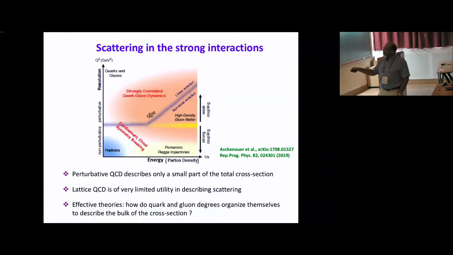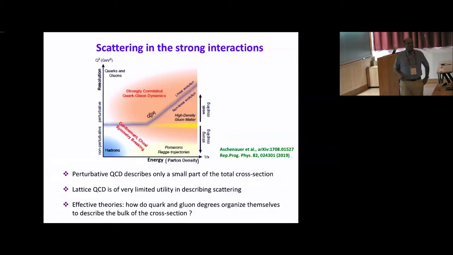Okay? So here's a summary, right? Perturbative QCD is beautiful, and works, but it only describes a small part of the total cross-section in the strong interactions. Lattice QCD is very powerful, but of limited utility, especially in dynamical processes.